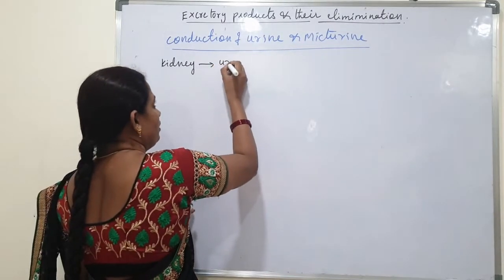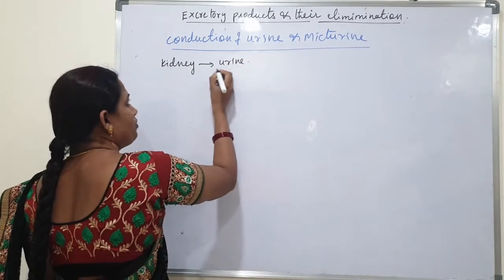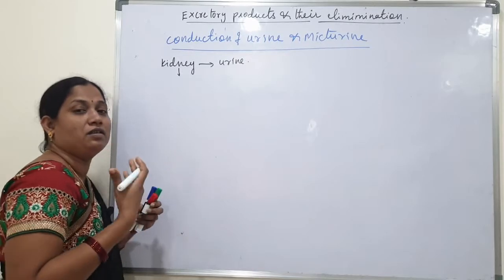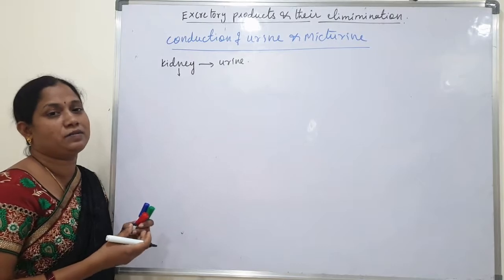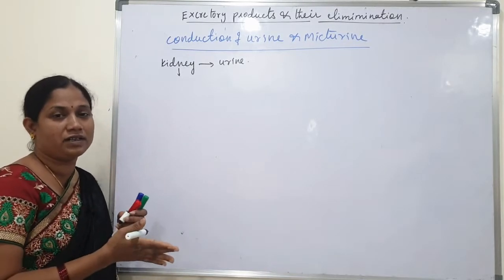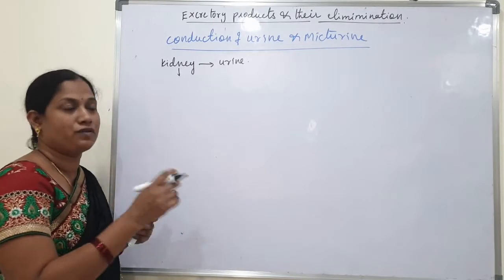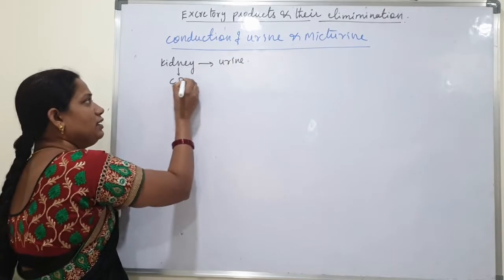Hypertonic urine is formed in the kidney, in the nephron structure. In the nephron, the blood undergoes the filtration process. Glomerular filtration takes place. As a result, the blood is filtered to form nephric filtrate. Then selective reabsorption takes place to finally produce hypertonic urine in the collecting duct.